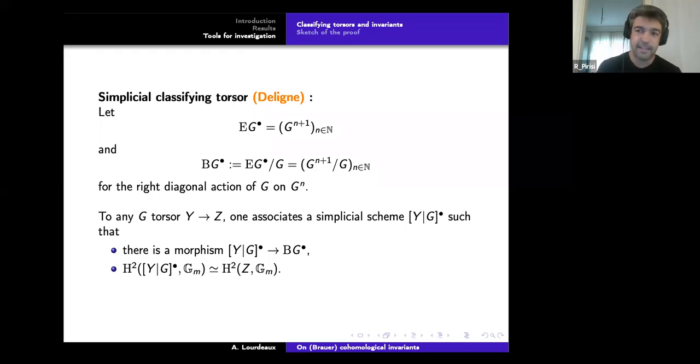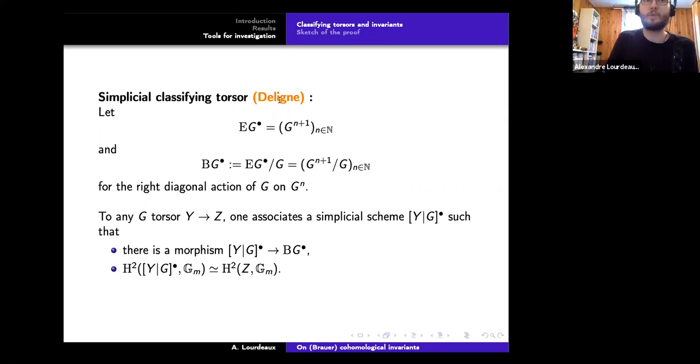If one has a quotient stack, but I imagine also something constructed with these simplicial methods in general, like X over G, as long as we are outside of the characteristic of the field, this isomorphism between the L torsion of the Brauer group and the cohomological invariants, in an appropriate sense, the unramified cohomology with coefficients in Z mod L shifted by 1, is still true.